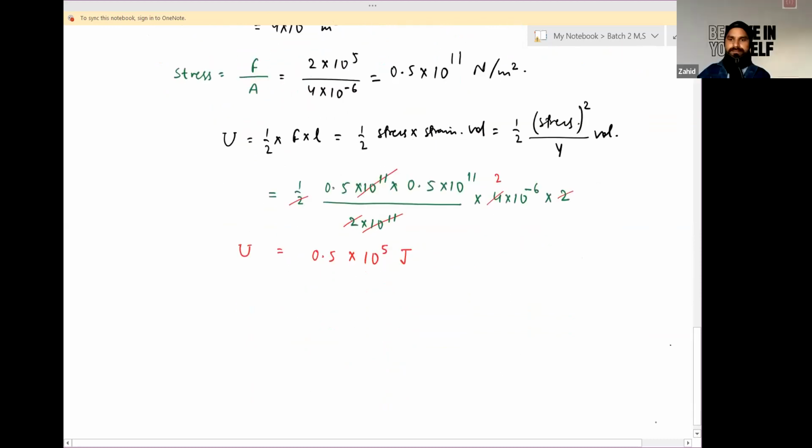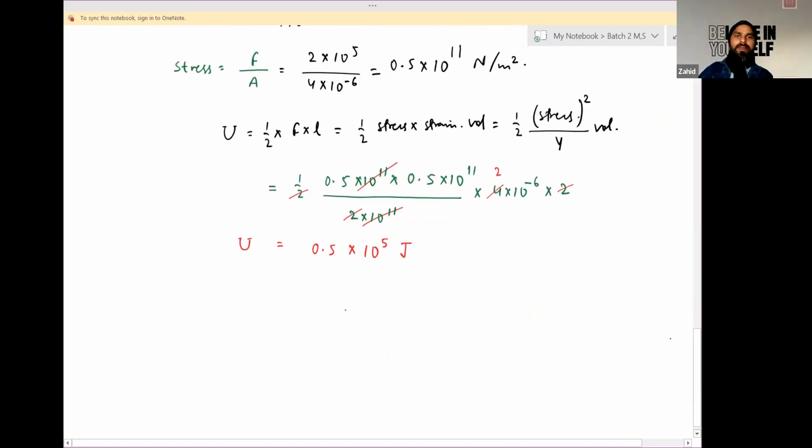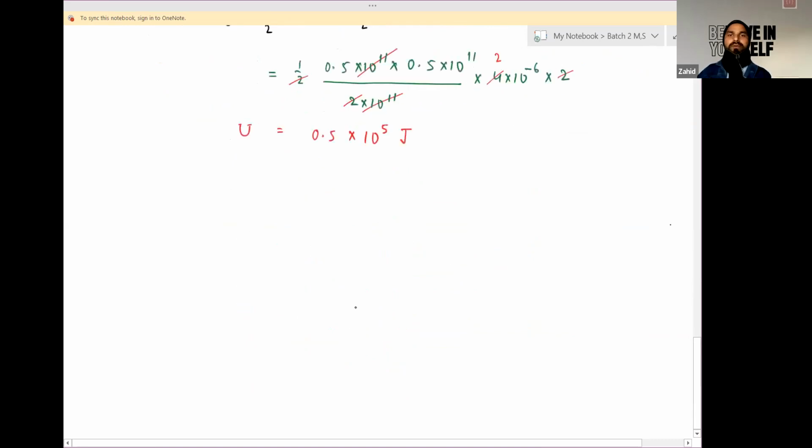Next is, there will be some substances for which there will be only elastic limit. There is no plastic limit, no breaking or ultimate stress. Those substances are called elastomers, such as rubber band, thermocol, and so on.